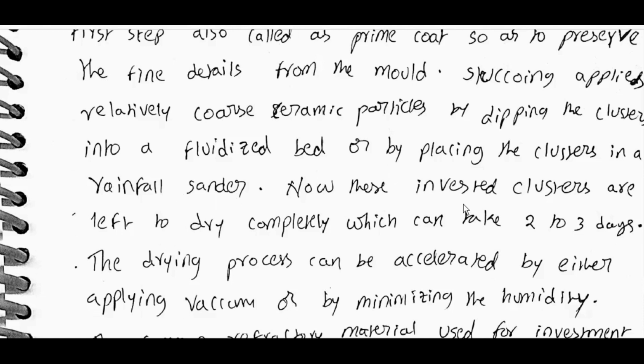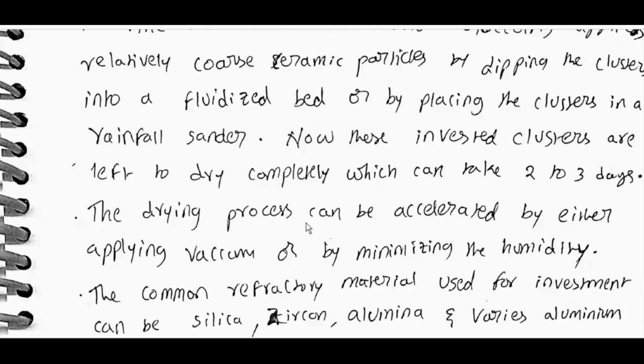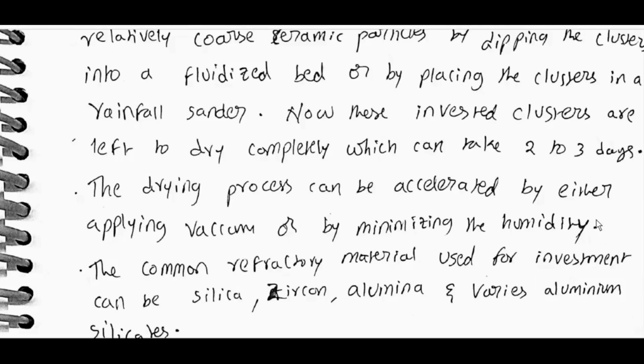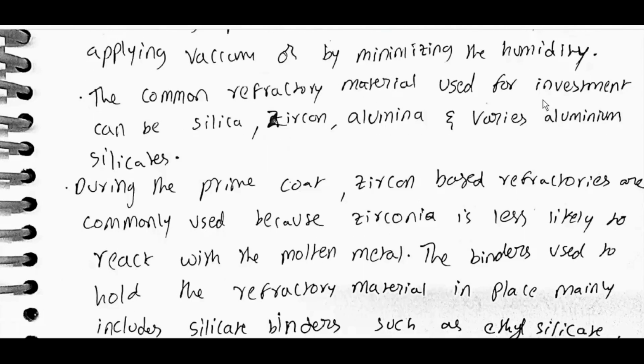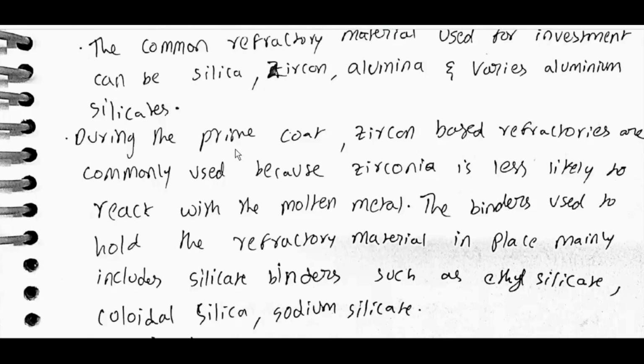Now these invested clusters are left to dry completely, which can take 2 to 3 days. The drying process can be accelerated by either applying vacuum or minimizing the humidity. The common refractory materials used for investment can be silica, zircon, alumina, and various aluminum silicates.